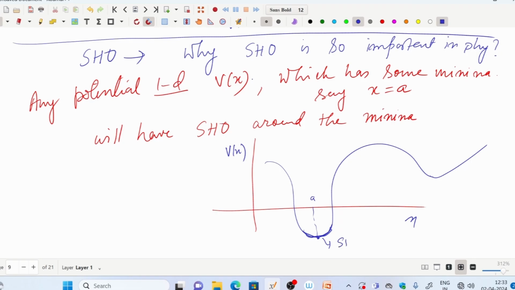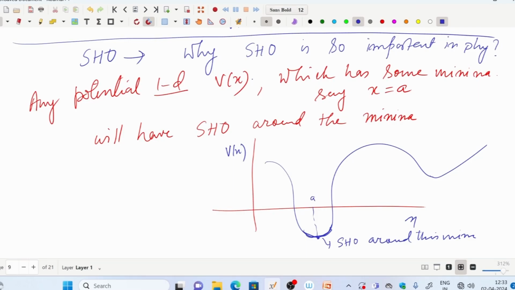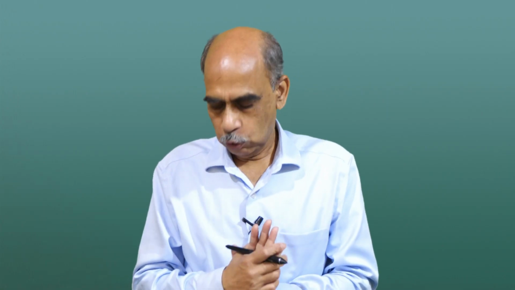A particle can be in equilibrium where the energy is minimum, in this minima or in this minima, and around the equilibrium you will find that the motion is a simple harmonic or oscillatory motion.